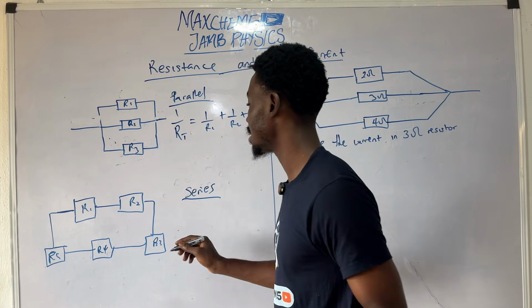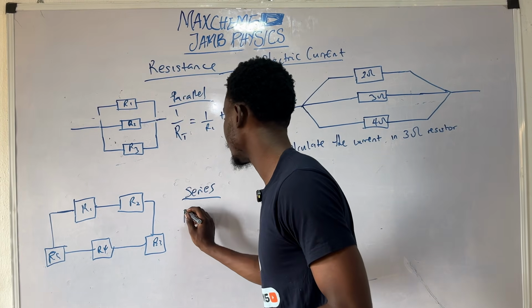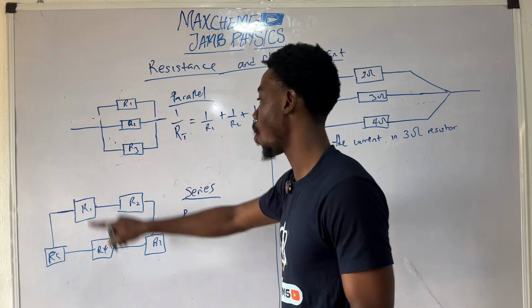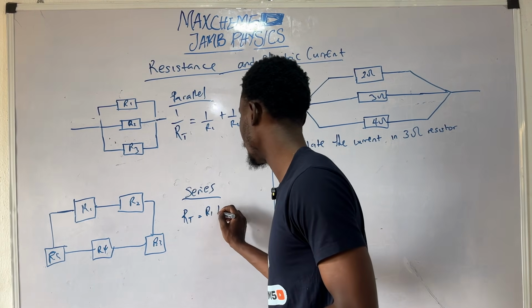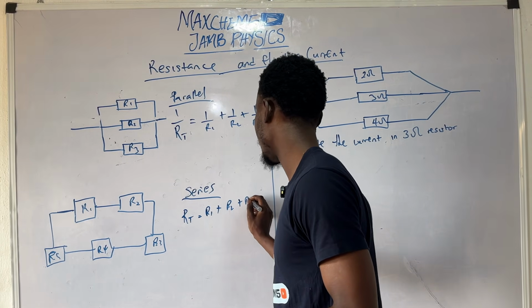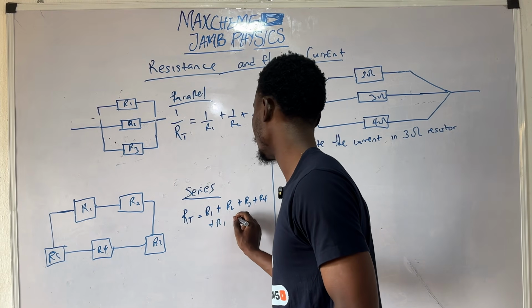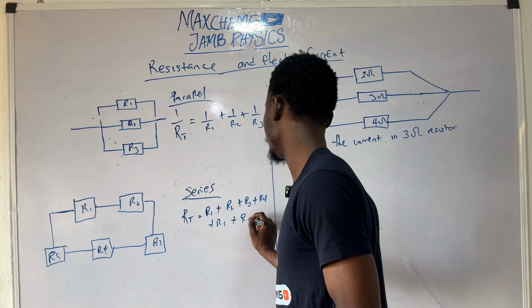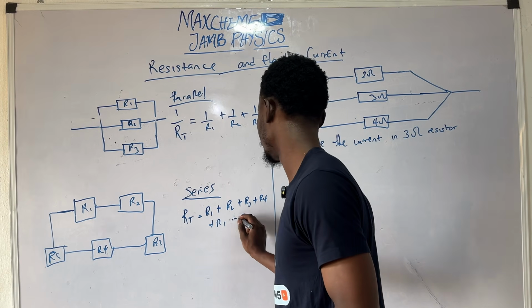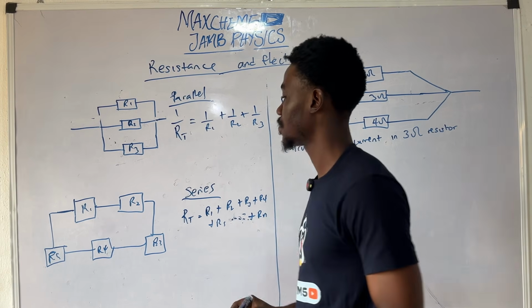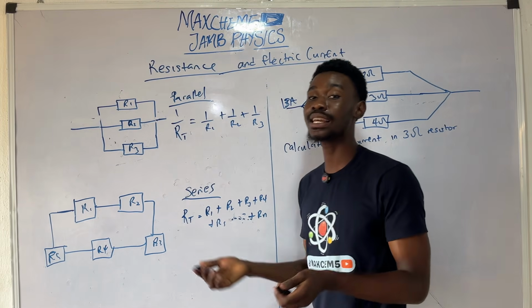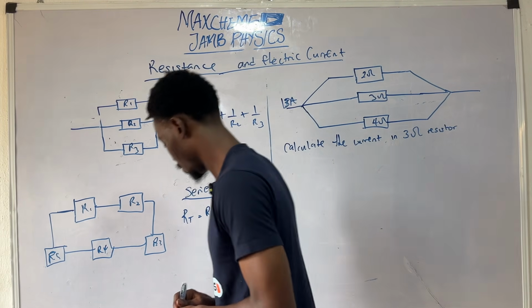For the series configuration, the total resistance is the sum of all the resistances. That is R1 plus R2 plus R3 plus R4 plus R5 and so on, for as many resistances as you have.